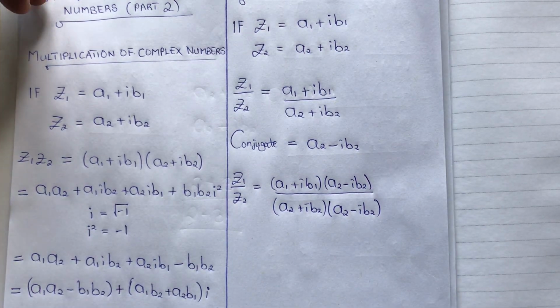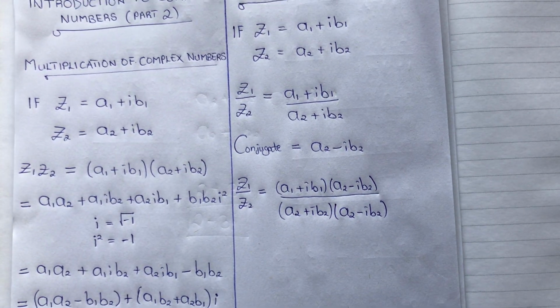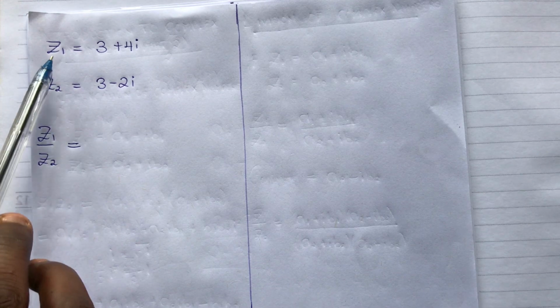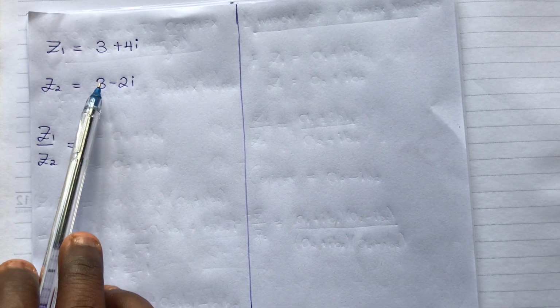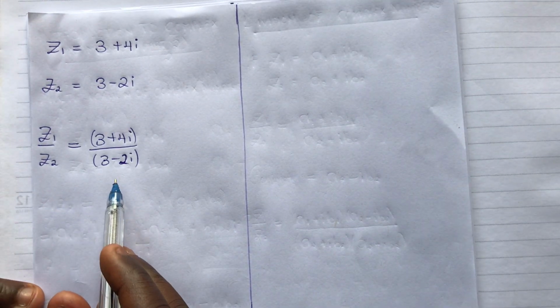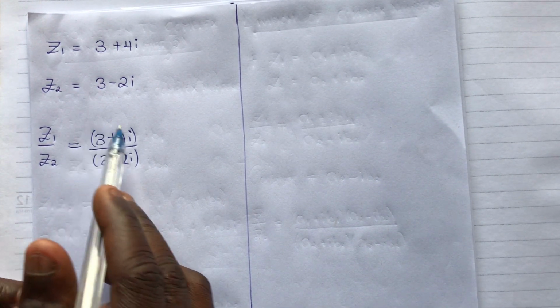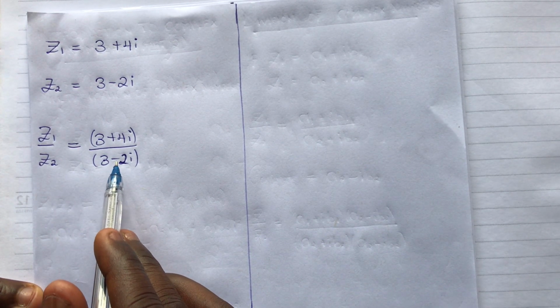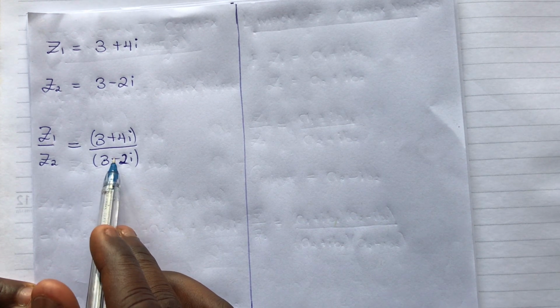So this is it. Once you are able to expand this side and expand this side, then you can complete the calculation. Let's take the first example, and you will get to understand this. In this example, z1 is 3 plus 4i, and z2 is 3 minus 2i. So from here, we conjugate z1 over z2 by picking the denominator and changing the sign of the imaginary part, so we get a positive.